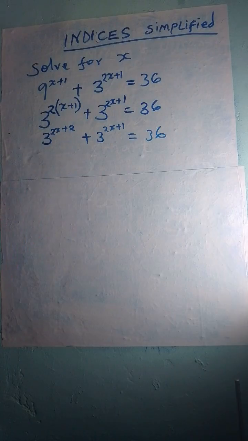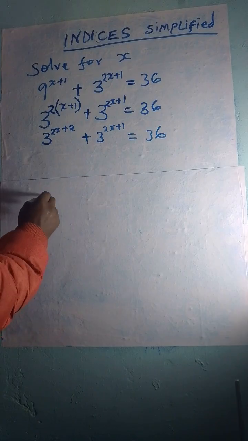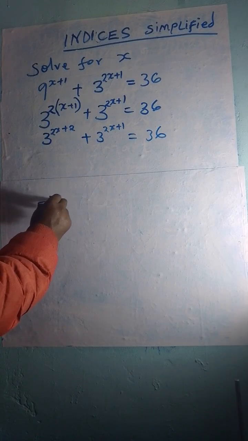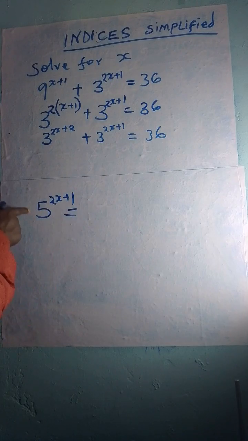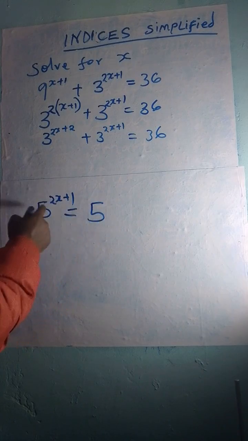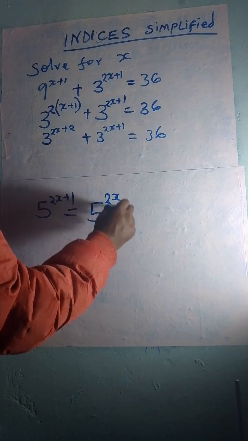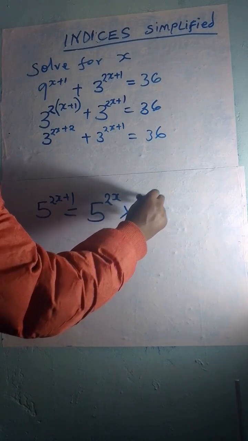This one, what is that? Remember, if I had 5 raised to power 2x plus 1, what was the original version of this? The original version was 5 raised to power 2x times 5 raised to power 1.